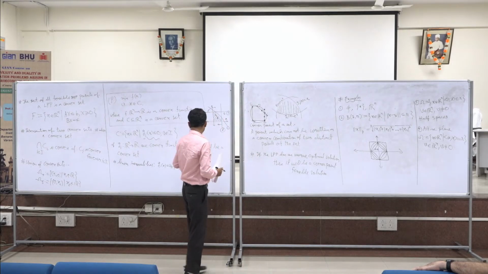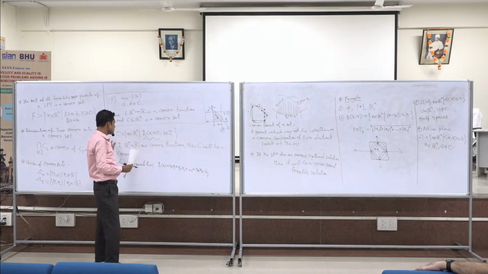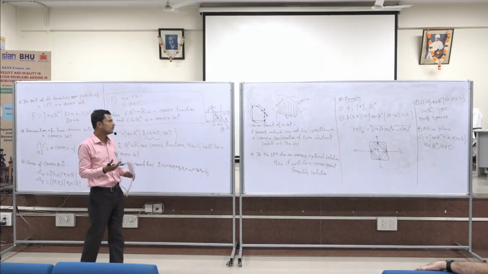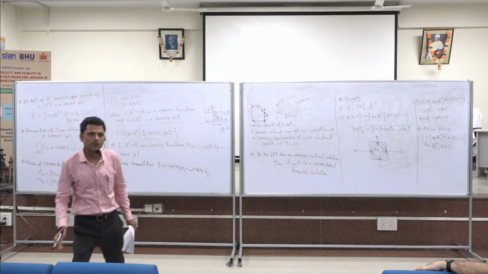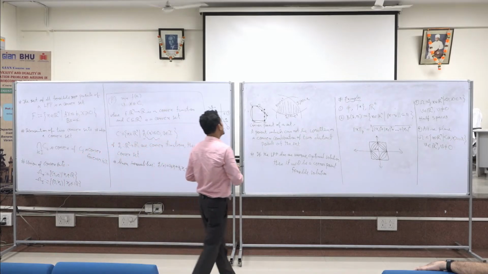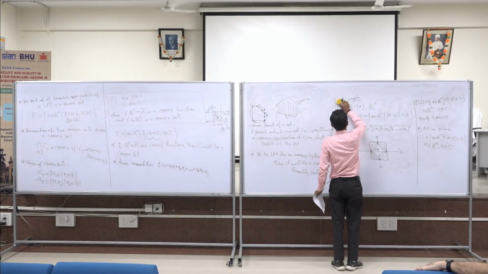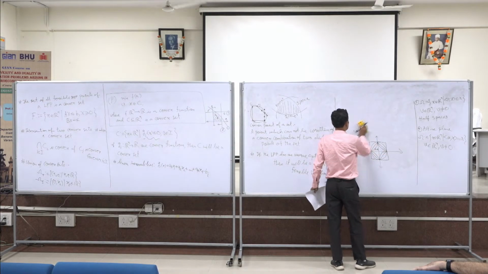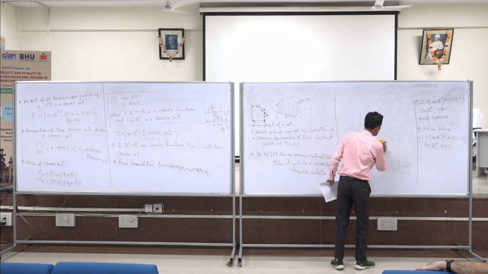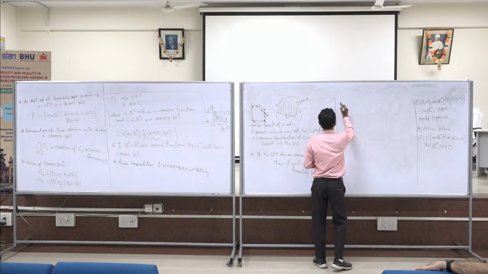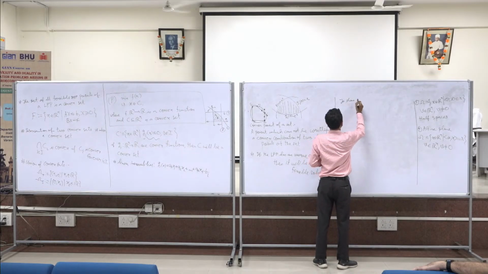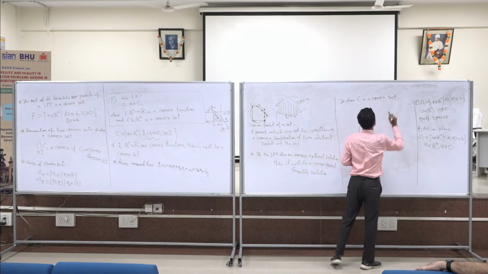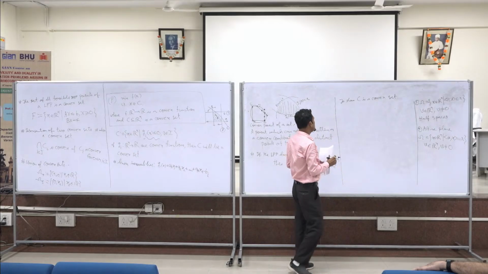So the point is whether, if you have these convex functions, this set will be a convex set or not. How can we prove that? We can directly use the definition. If we use the definition, we have to show that this set C is a convex set.